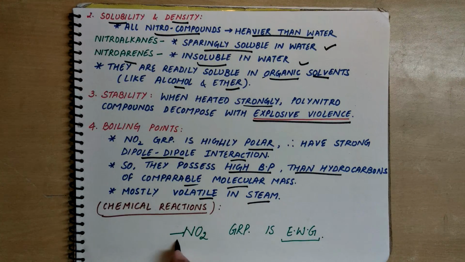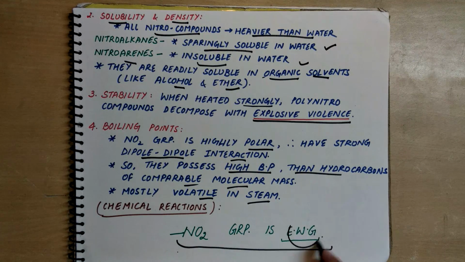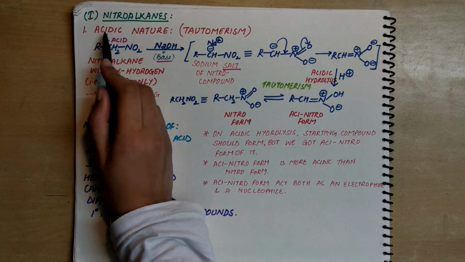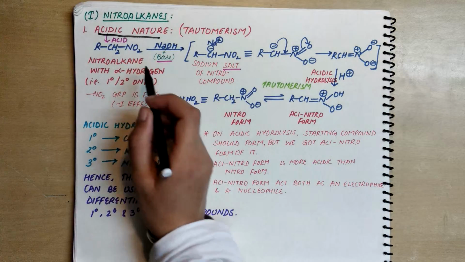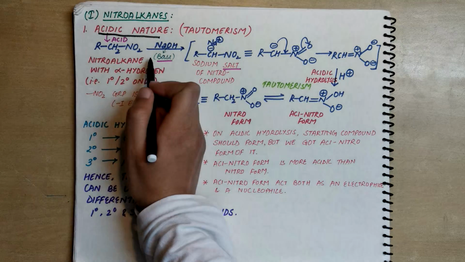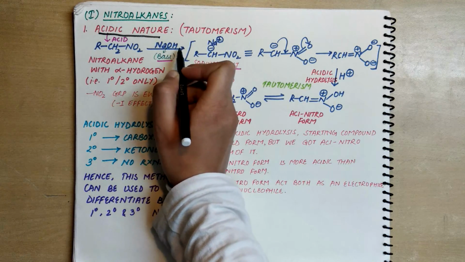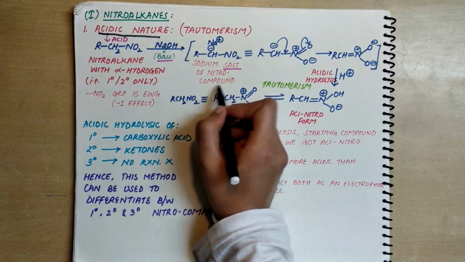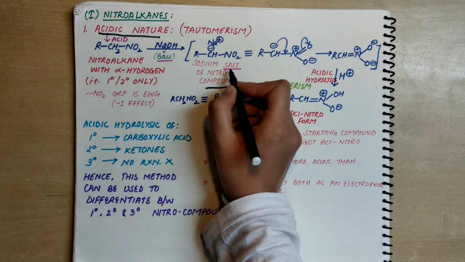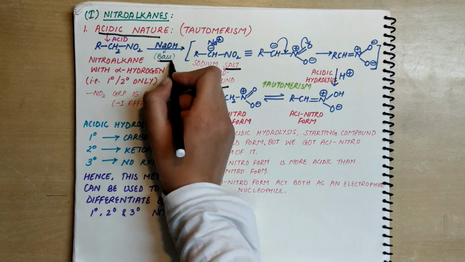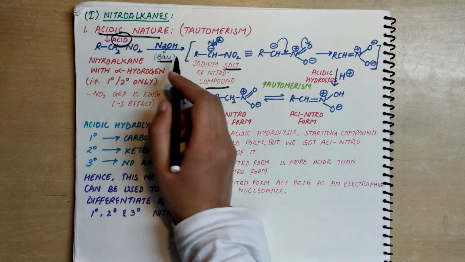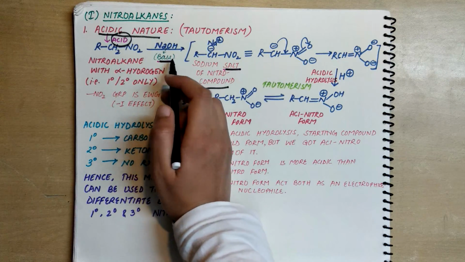We know that the nitro group is an electron withdrawing group. For nitroalkanes, the first reaction is acidic nature. When a nitroalkane is treated with a base, say NaOH, it forms the sodium salt of the nitro compound. It is clear from this reaction that the nitroalkane is acidic in nature, because when an acid reacts with a base, it forms a salt.